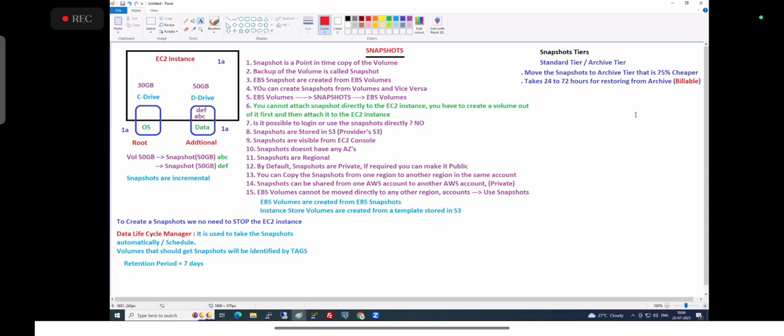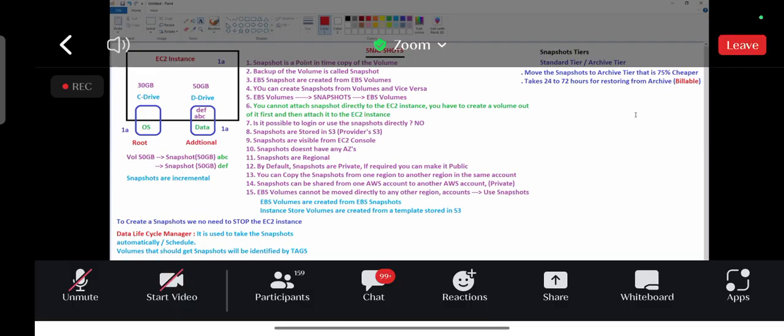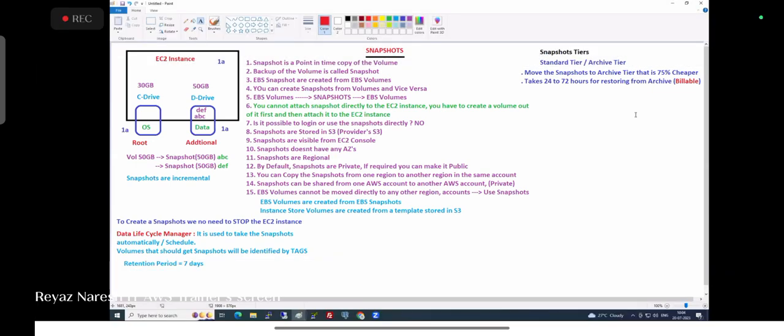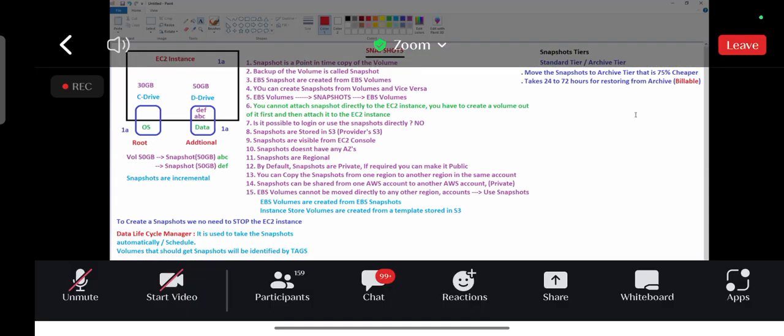If you put 7 days, only 7 days of backup will be there, the rest will be deleted. But if you are taking the snapshots manually, will there be any retention period? No. Until you go and delete it, it will be there forever. So by default, there is no retention period. But if you go for automatic scheduling, there you have a retention period.